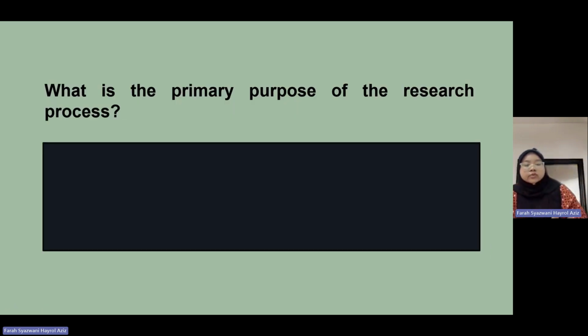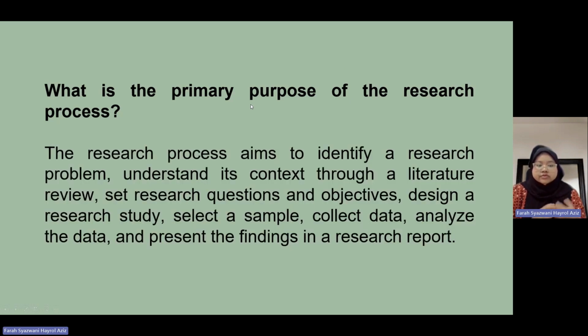Okay, before we end our Chapter 2, what is the primary purpose of the research process? Okay, good. The research process aims to identify a research problem, understand its context through a literature review, set research questions and objectives, design a research study, select a sample, collect data, analyze data, and then present the findings in a research report.